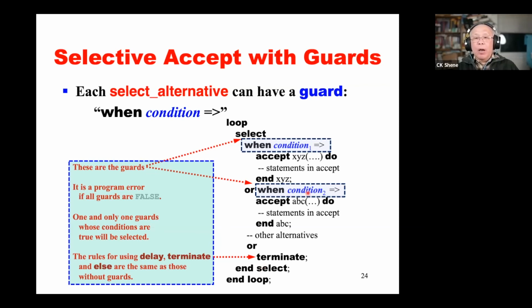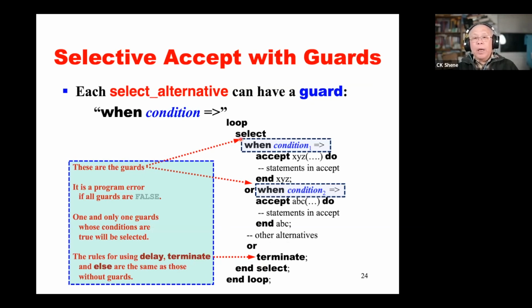Now, if you have multiple when and one of the or without when, then that one is true. So you may consider an or without this as just when true. Again, the rules for using delay, terminate, and else are the same as those without guards.